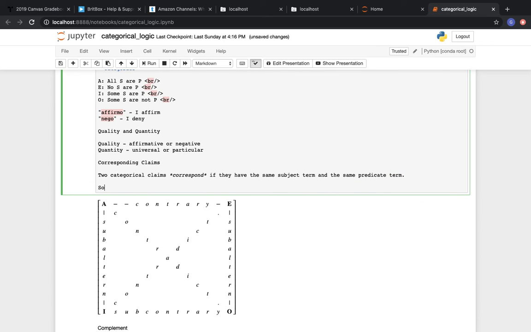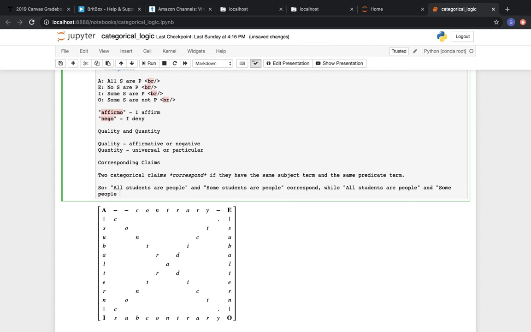So for example, all students are people and some students are people correspond, while all students are people and some people are not students do not correspond.